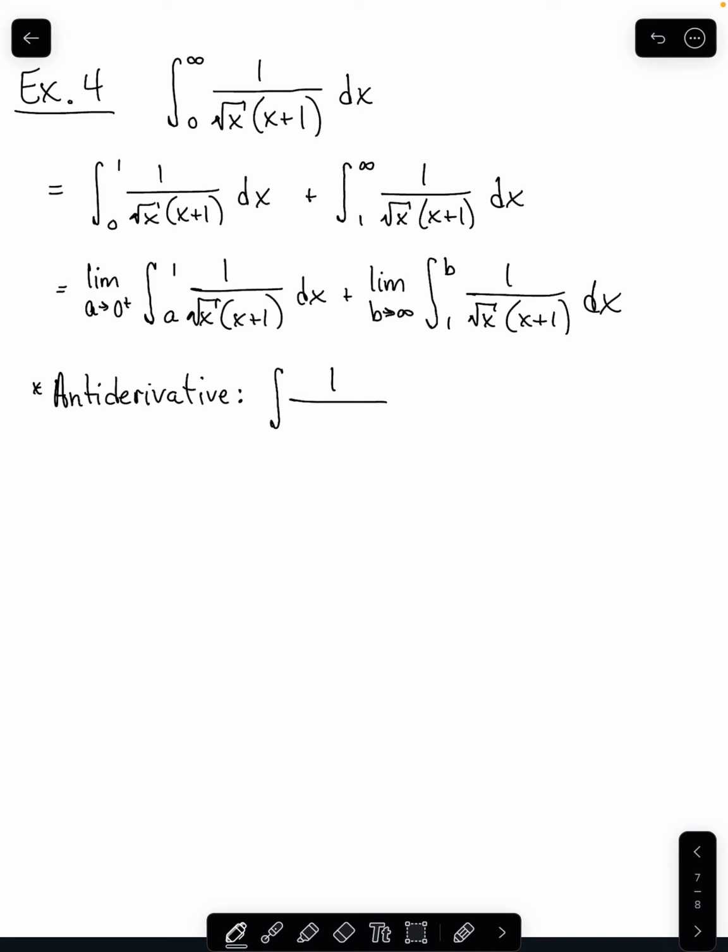This is not an immediately apparent integrand that fits one of our integration rules that we have.